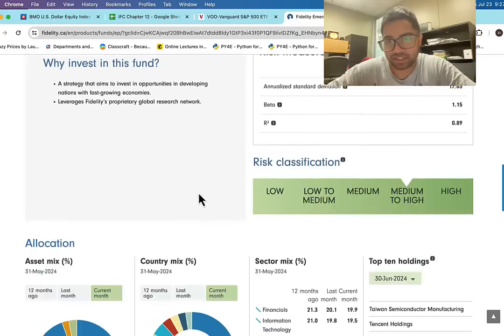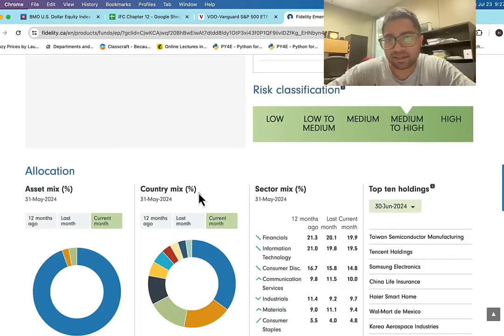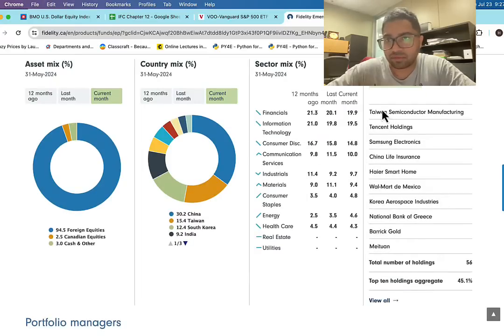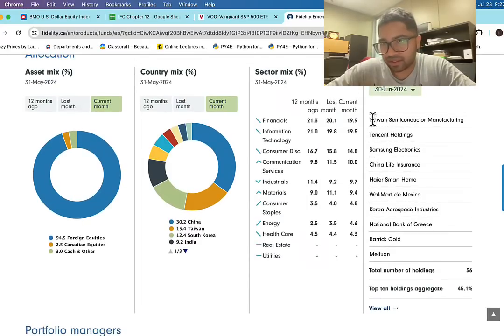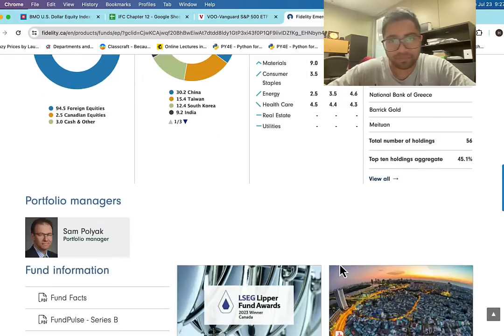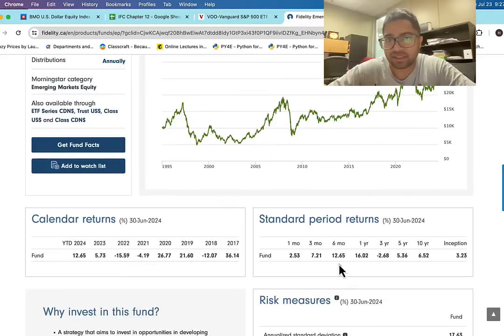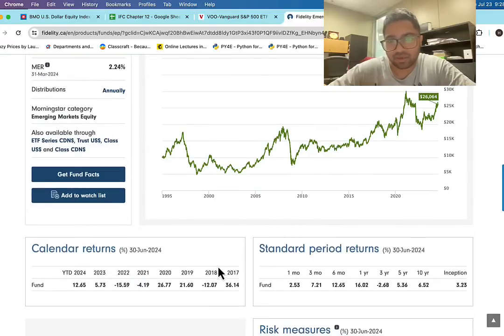It is unhedged, which means you're taking on currency risk. So holdings, if you see, are Taiwan companies, Samsung, Korean companies, Chinese companies, Mexican Walmart, etc. So different companies than Canadian companies. When you invest in them, you're also taking on currency risk.